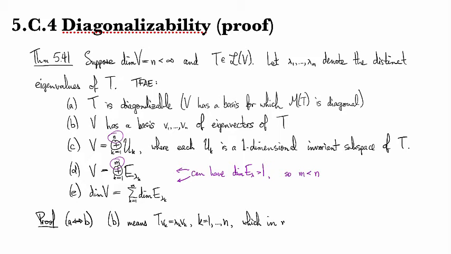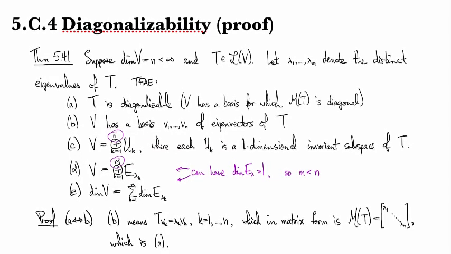And so if you write this in matrix form, what you're seeing is that the matrix for T looks like this, which is exactly what it says in A.